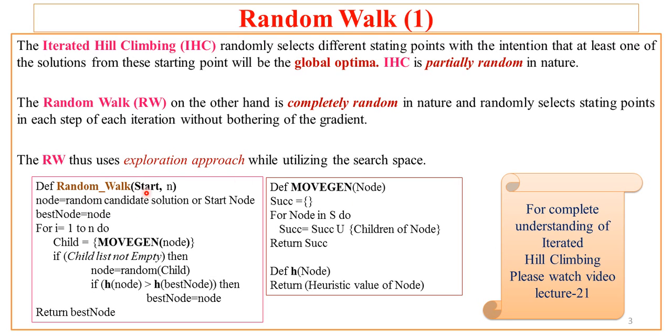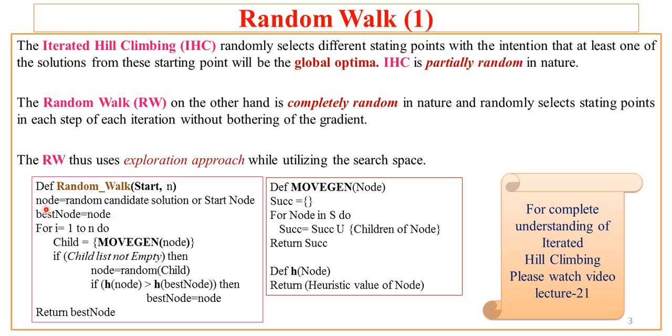So the random walk algorithm takes basically two arguments, a starting point and the number of iterations. Now this starting point might be optional, because you can ask the random walk algorithm to either start with a random candidate solution or you may explicitly ask the algorithm to start with a certain specific node.